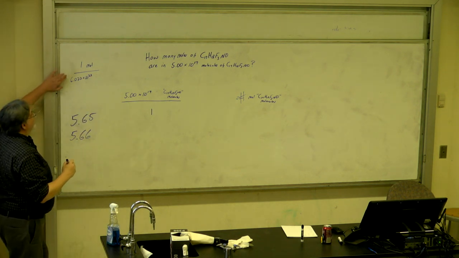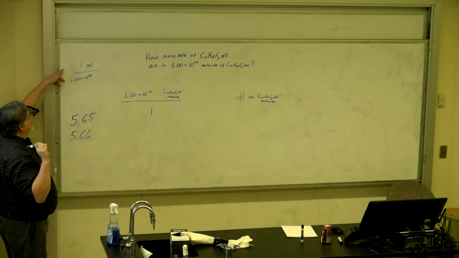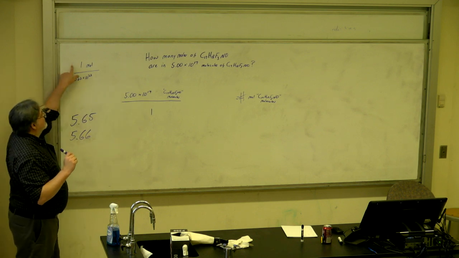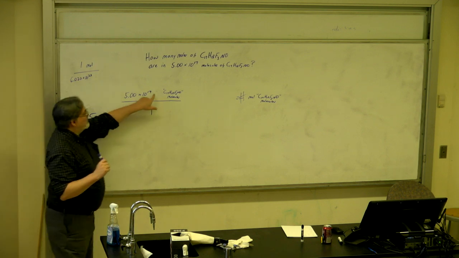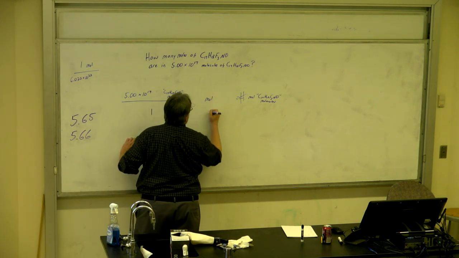so 1 mole is this, and I have this flipped over from the way I had it in the slide, but it's the numerical value blank is 1 mole. Here's the blank, and the mole is over here, so I want mole up here and blank down here.